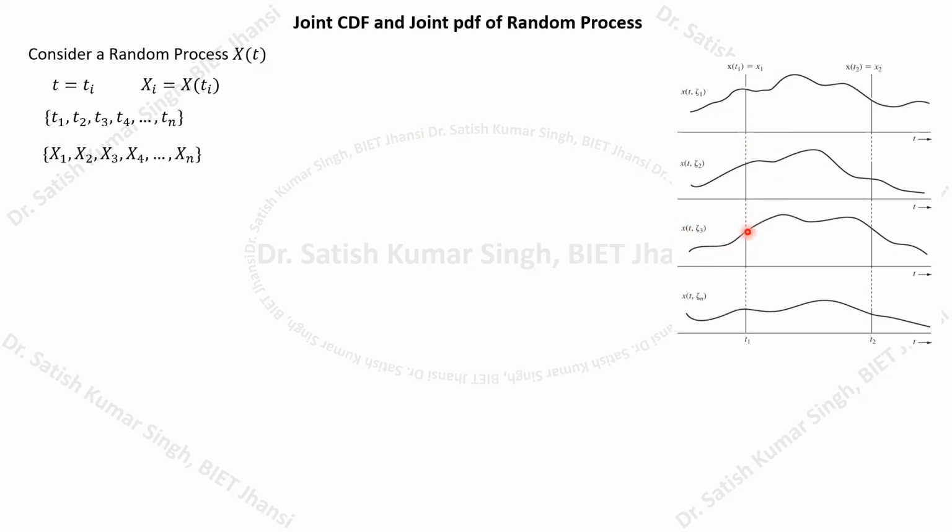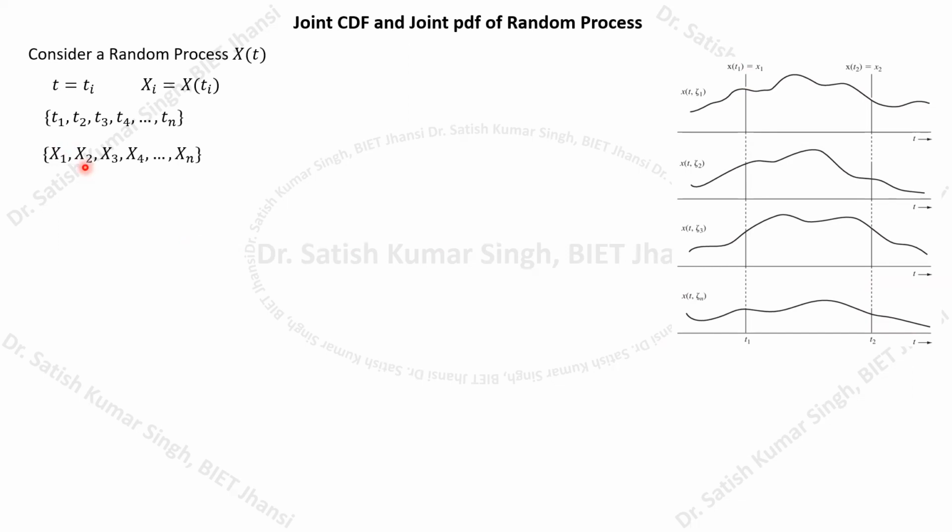So this random variable X1 contains the outcomes of all the sample functions at time t equals t1. Remember, this is not just an outcome; it represents the random variable containing the outcomes of all the sample functions at t equals t1.